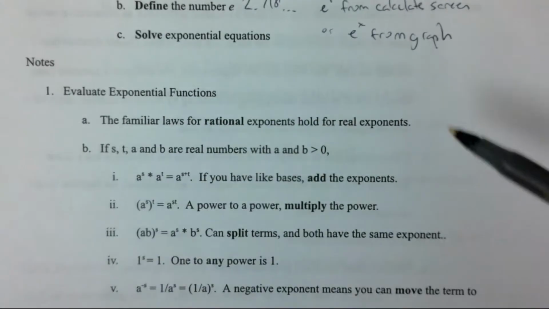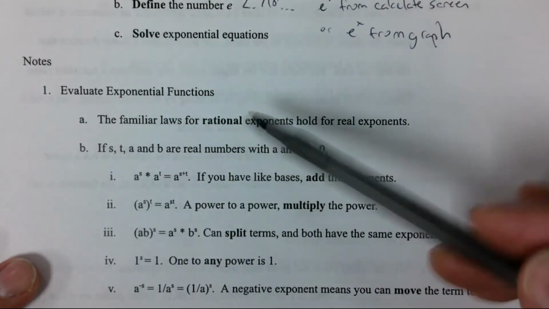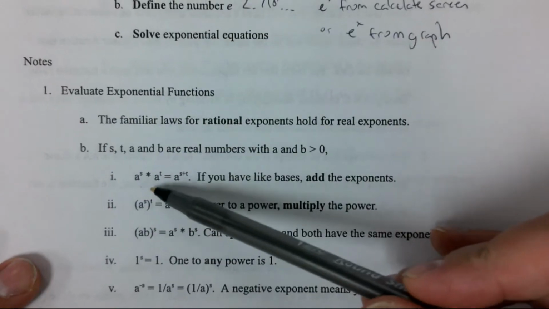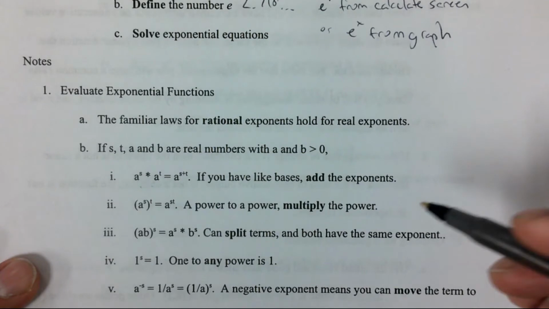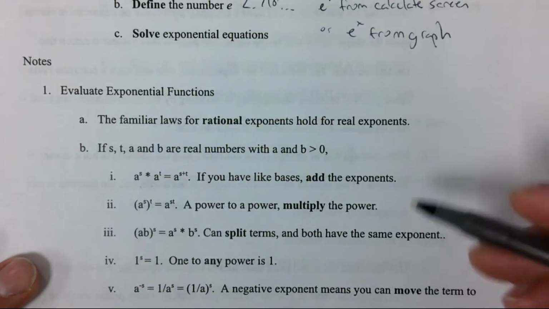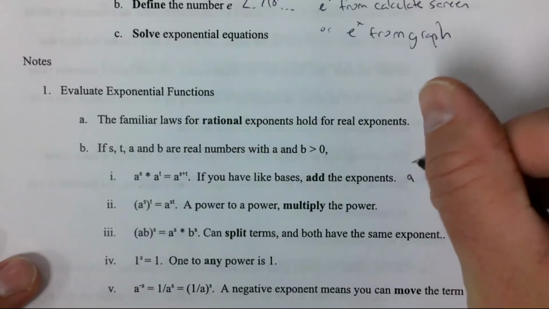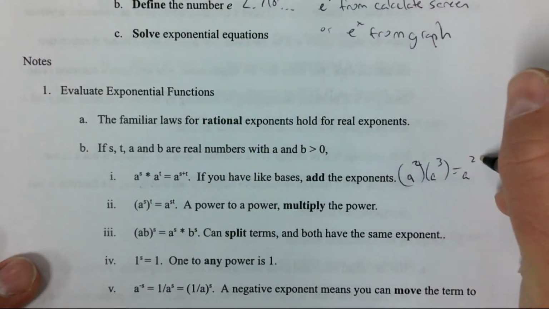So your rules are going to be the same as far as the exponents. If it's a to the s times a to the t, it's a to the s plus t. So the saying is, if you have like bases, you add the exponents. So if you have a squared times a to the third, that means a to the 2 plus 3.